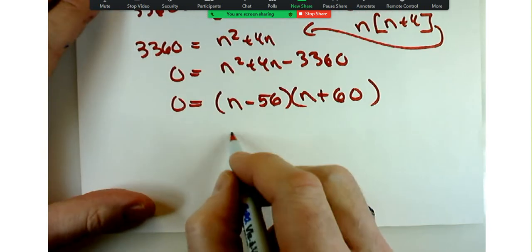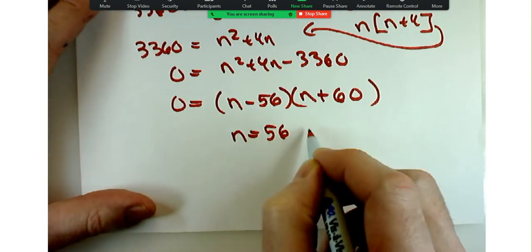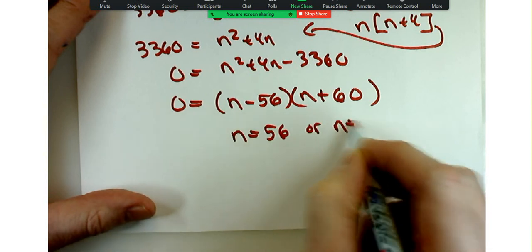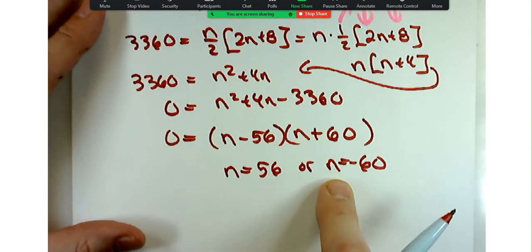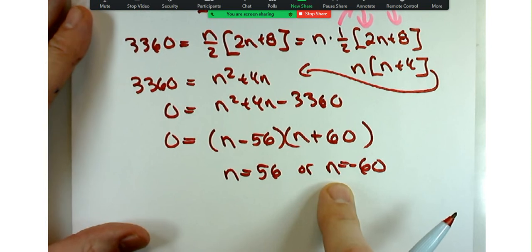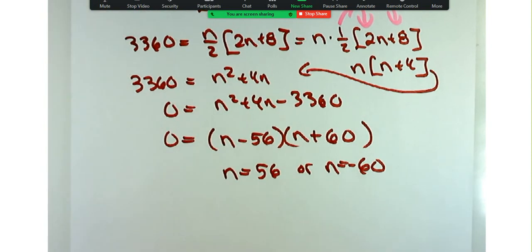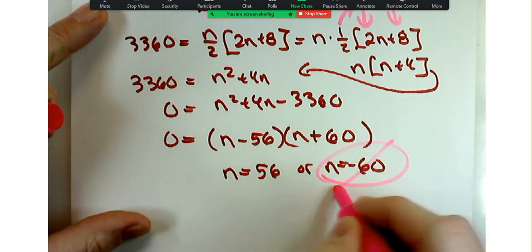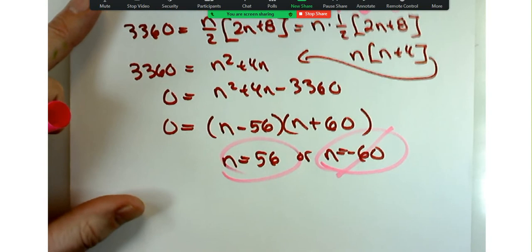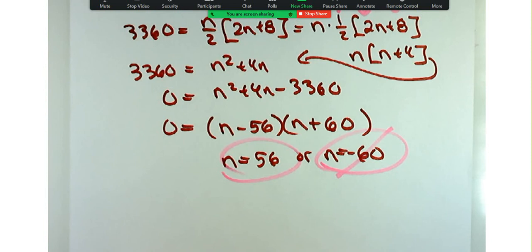So I get two solutions, n equals 56 or n equals negative 60. Now if I'm summing up a number of terms, can I sum up negative 60 terms? I don't think so. So the only answer that works is n equals 56. So yay.